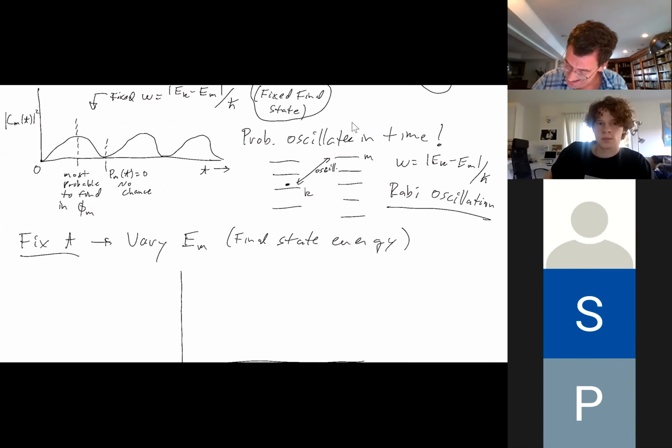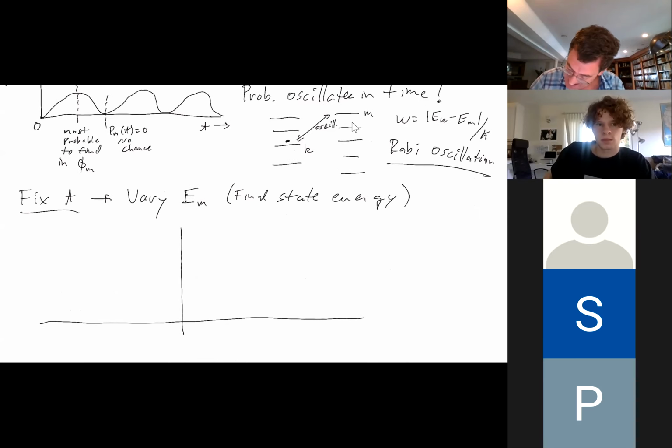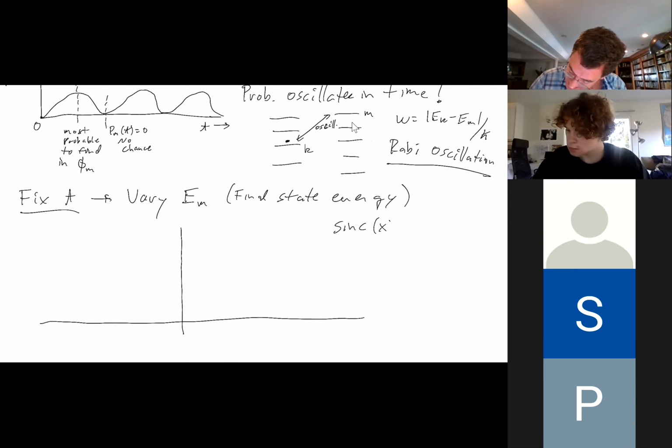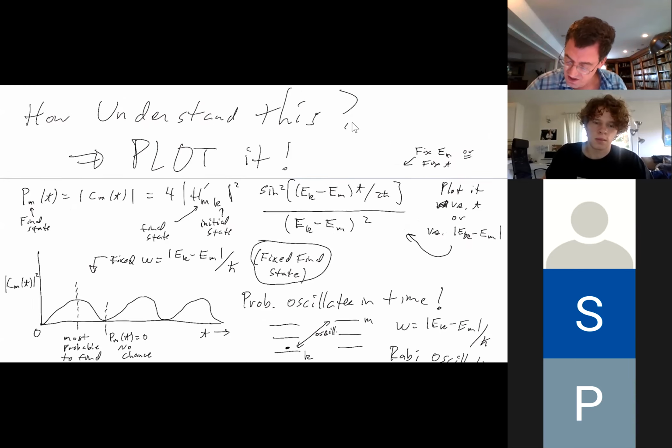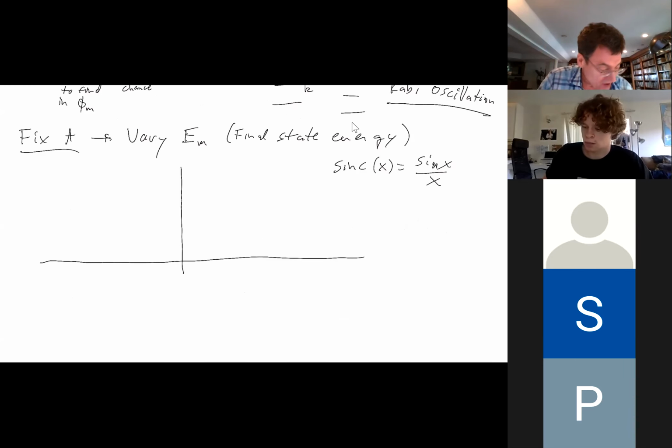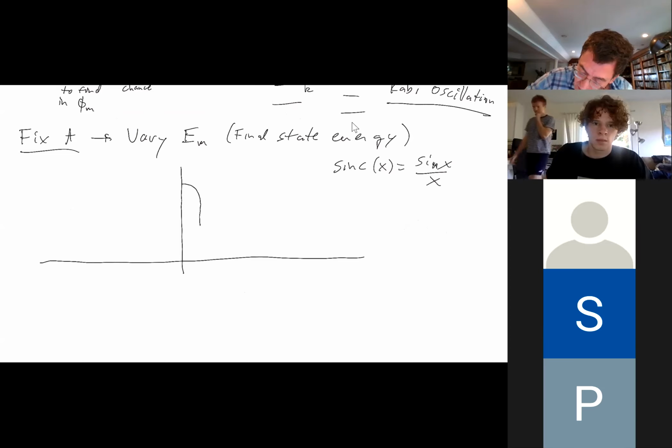Thank you. It's like the sinc function. That's exactly right. sinc x is equal to sine x over x. And that should remind you, for people who know diffraction, it's a very famous function. And when you plot that function, this is what it looks like. It looks like this. I screwed it up already.